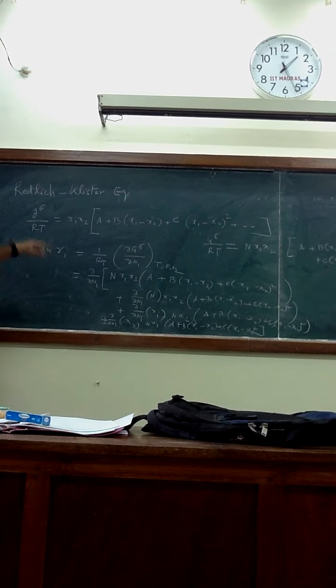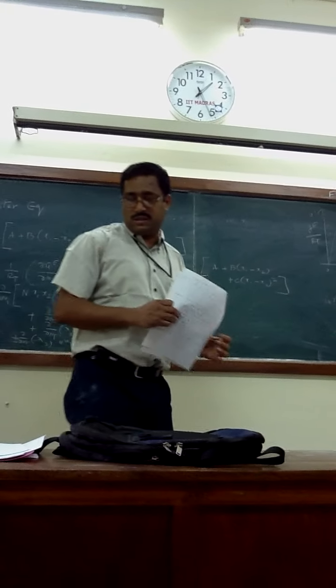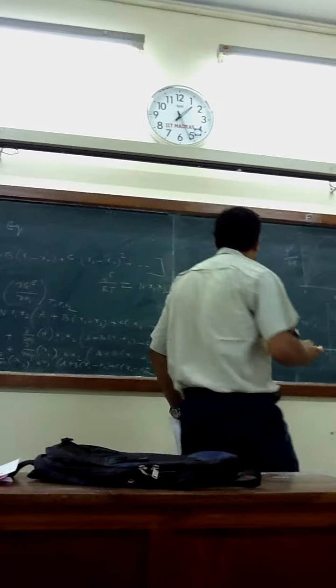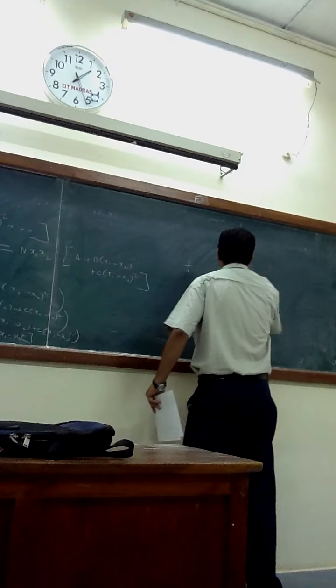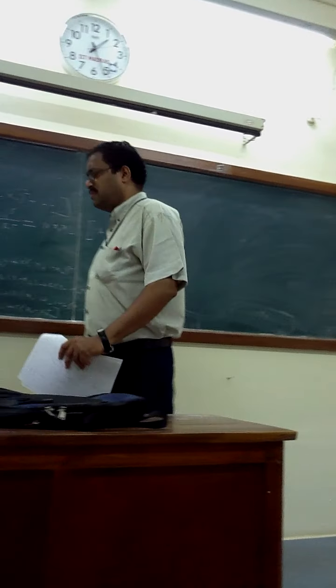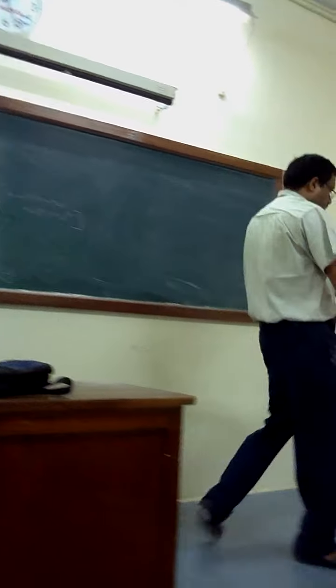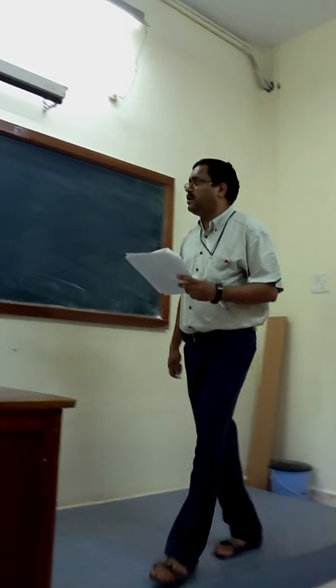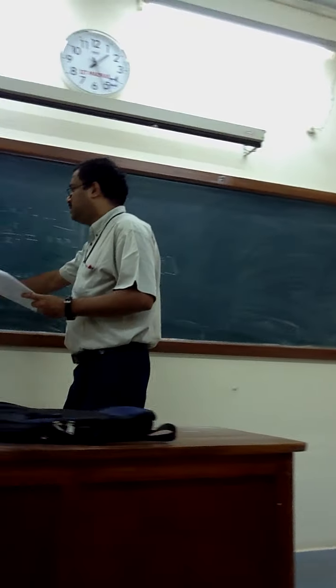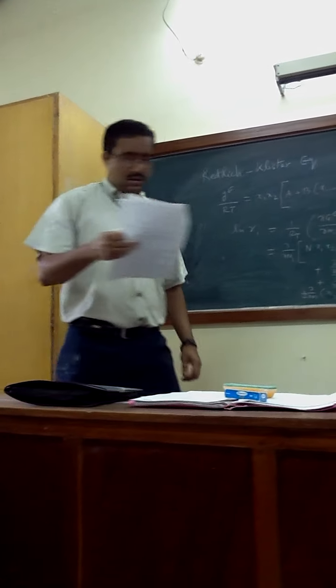Remember that these derivations are not in any of the books. So these are privileges that you are learning in this class. So dou n by dou n1 is how much? Dou n by dou n1 is 1.